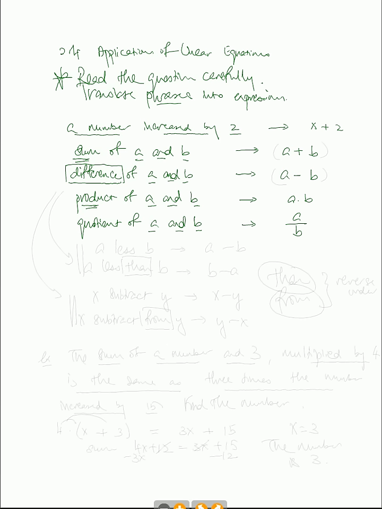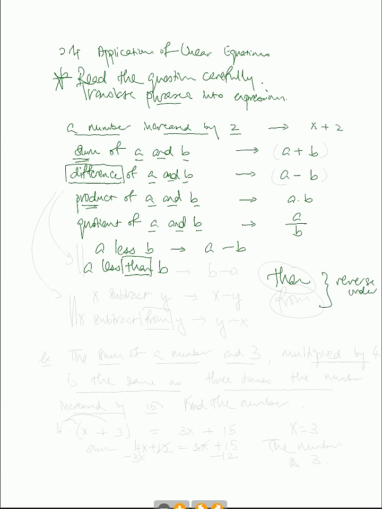And the other thing is there are two words you need to look out for. So another word for difference is where we say A less B. So A less B just means A minus B. Now, if I want you to reverse the order, then I'm going to have to use one extra word, A less than B. So the minute you use the word than, you have to remember to reverse the order.